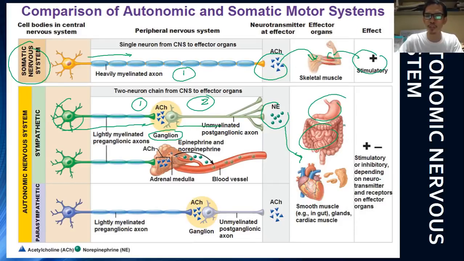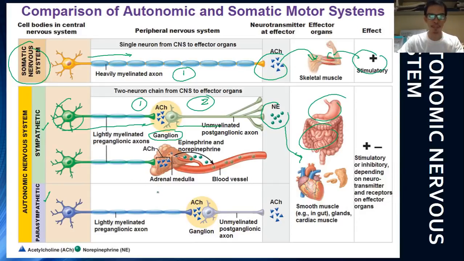This neurotransmitter has a stimulatory or inhibitory effect, depending on what kind of division of the autonomic nervous system will function.